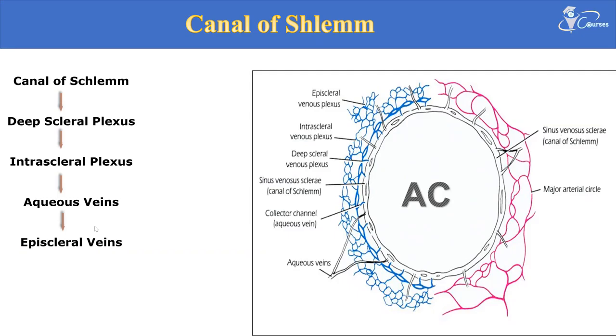So there will be high episcleral venous pressure, and that's why those patients will be at high risk of developing glaucoma, because the aqueous will not be able to pass through this pathway. Okay, so this is the canal of Schlemm, and these are the venous plexuses responsible for drainage of the aqueous.